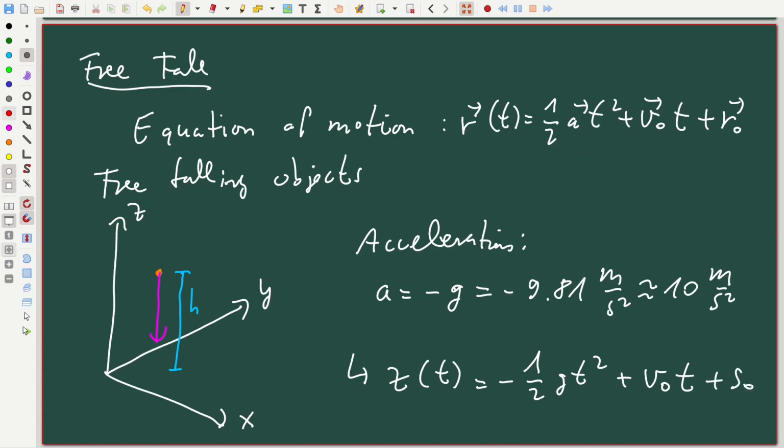But we don't have an initial speed, so this v0 cancels out, and our s0 is our initial height h. So we can simply write z of t is equal to minus 1/2 g t square plus h. And this is our equation of motion for the free falling object. Because it is very important, I would like to highlight it.